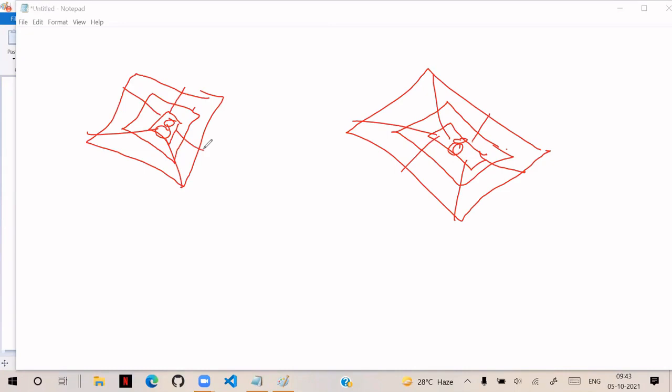Now what happens is a small prey gets caught here. Then a vibration will go from that cord and it will intimate this spider. That spider comes back and collects its prey here.